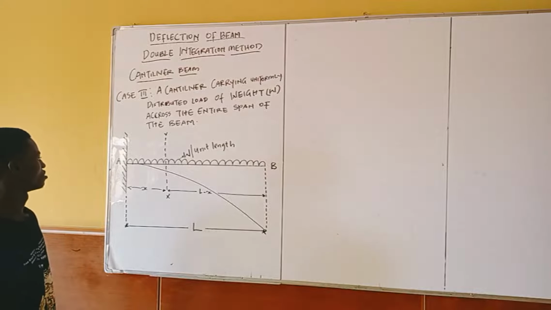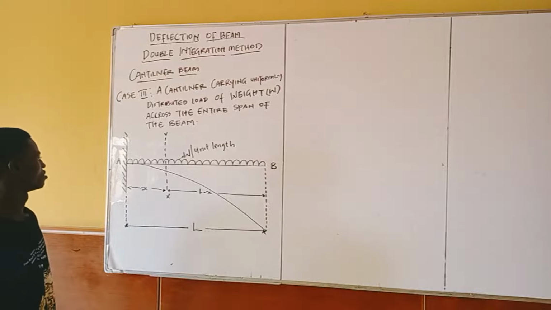In this case, don't forget that my y is 0. Automatically here, I'm going to have 0, which is 0 multiplied by here is going to give me 0. So if I open this bracket now, I'm going to have WL4 over 24 minus WX4 over 24. This is the bracket, minus WL cubed x over 6 plus C2.